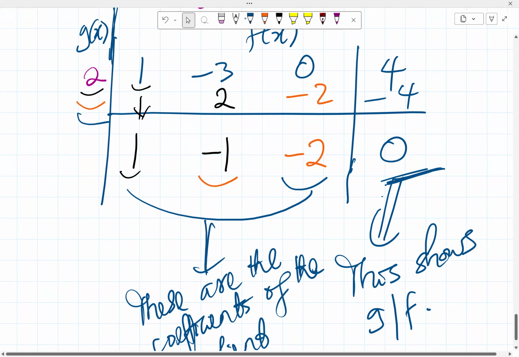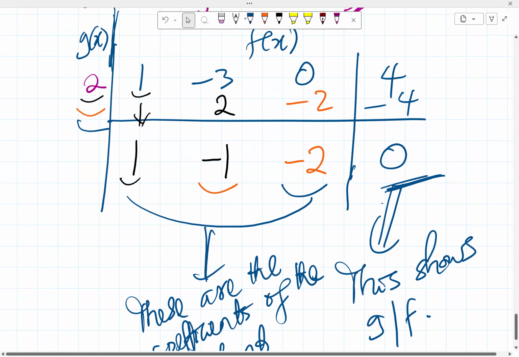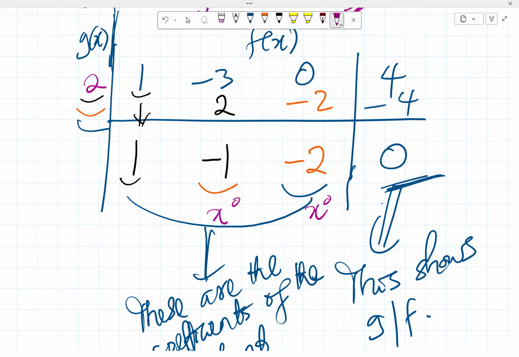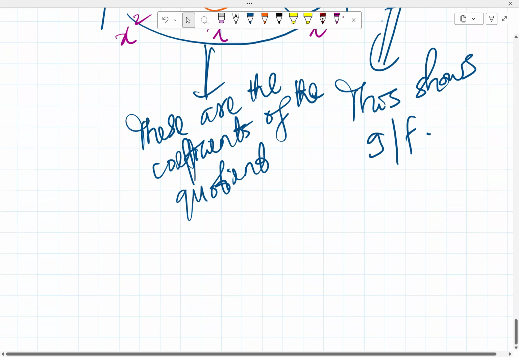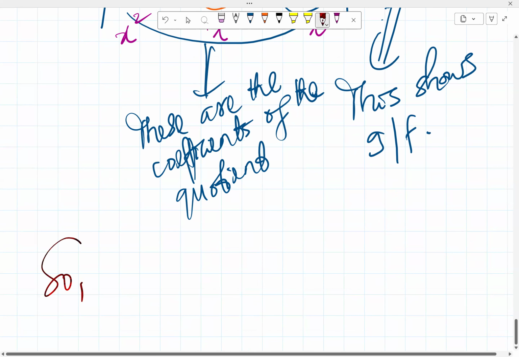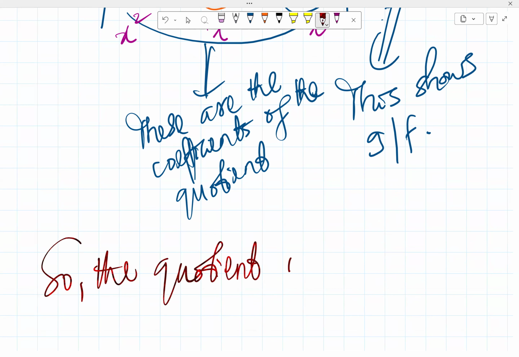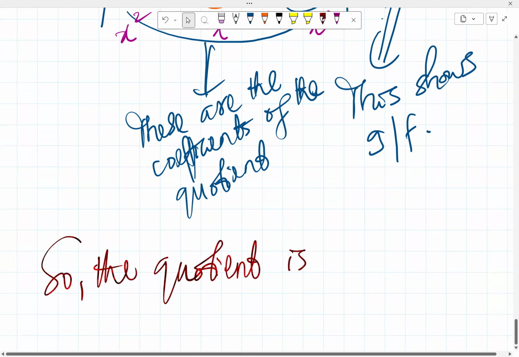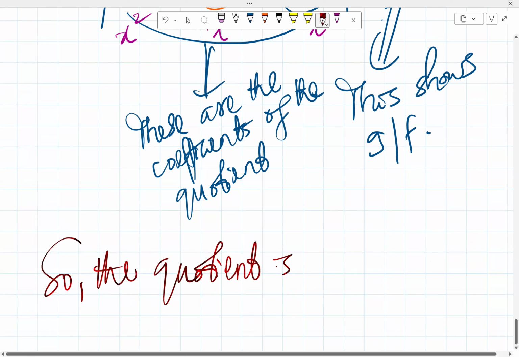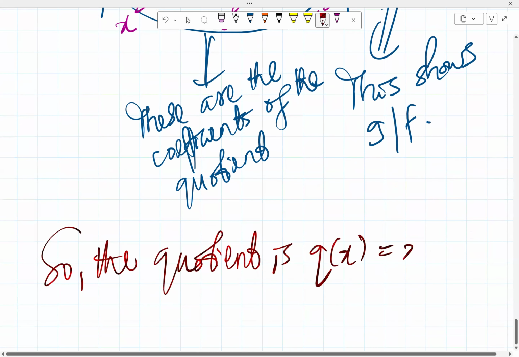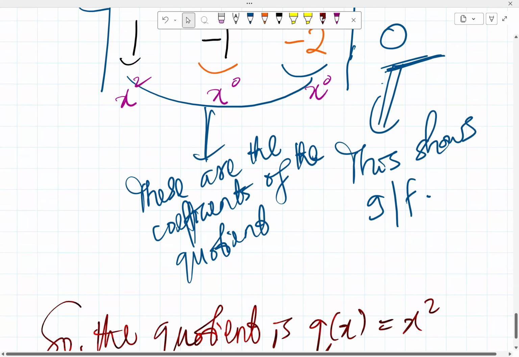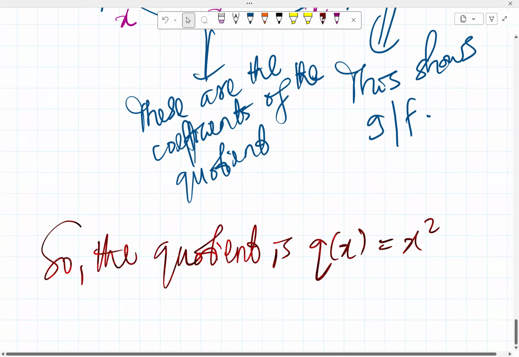So now from here now to get the quotient, all you just need to do is to put x raised power 0, x raised power 1, x raised power 2. Okay? So we can say that the quotient q of x equals, so we have 1x squared, that's x squared, 1 times minus 1 times x.